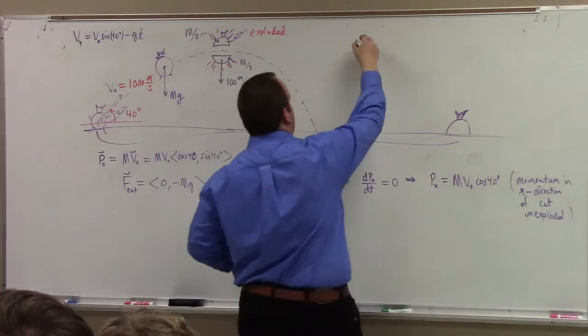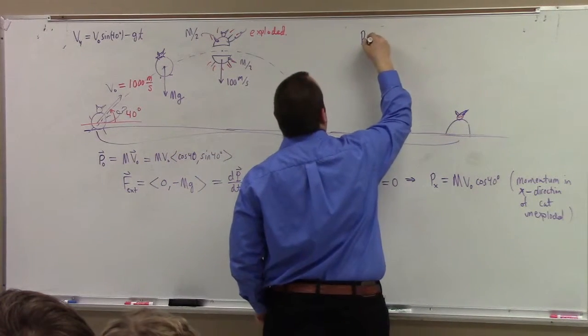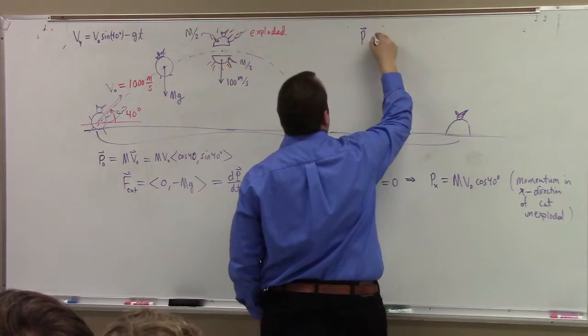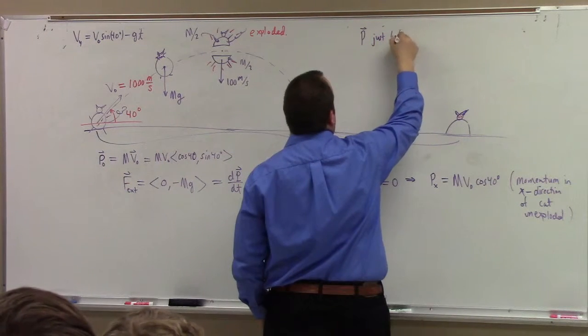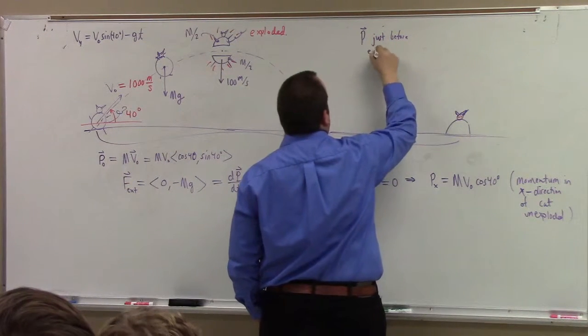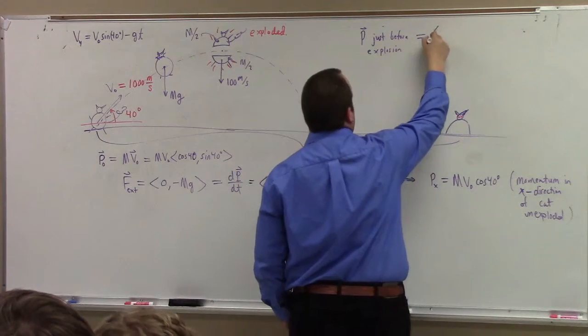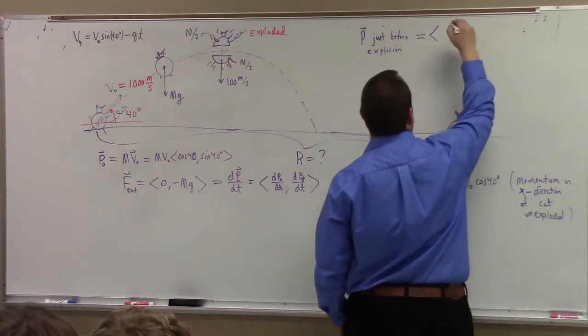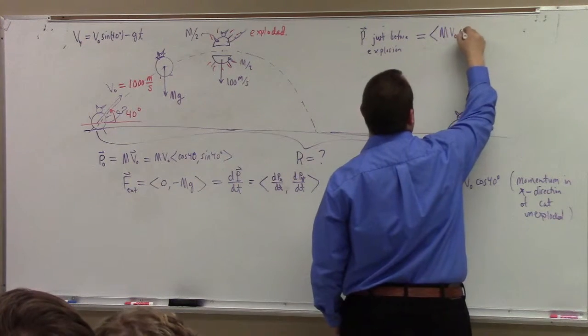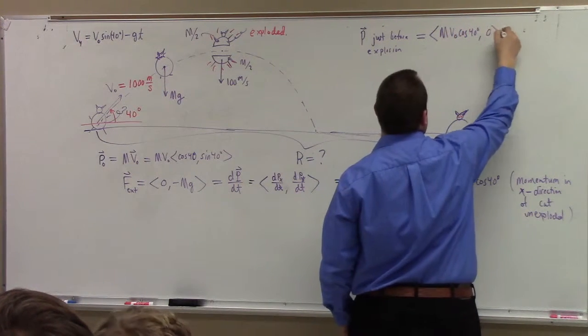So let's see here. The momentum just before the explosion is what? M v naught cosine of 40, 0, right?